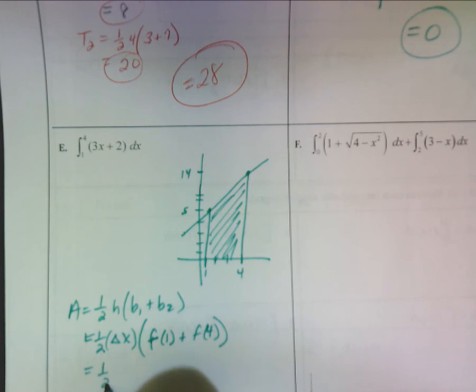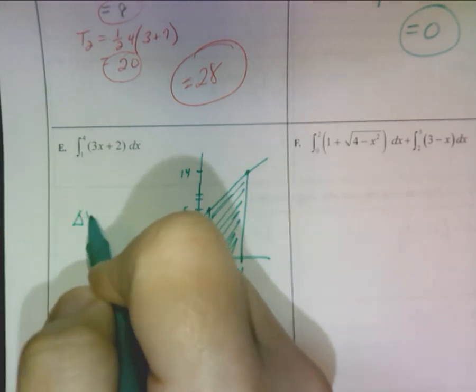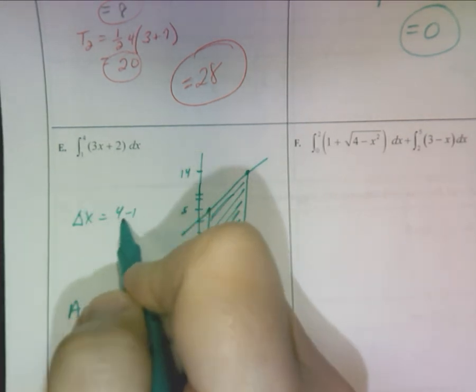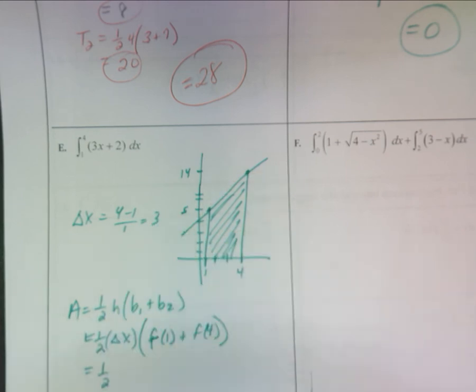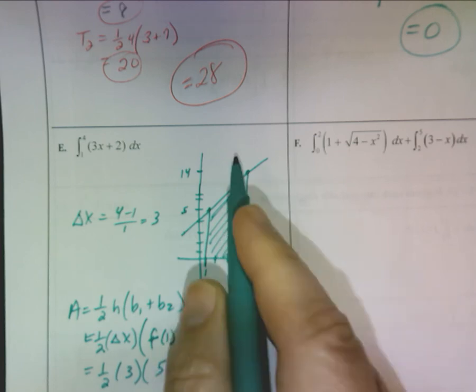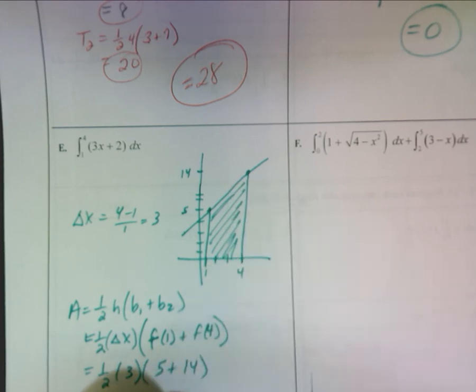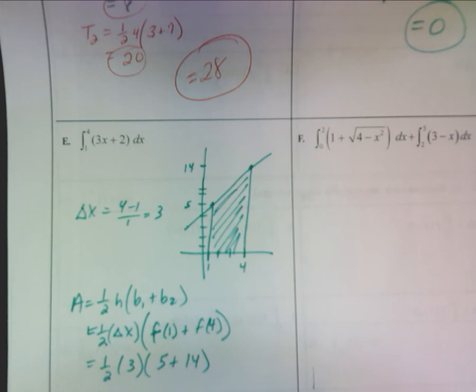So 1/2 delta x is b minus a. And so I would get 3 over 2 times f of 1 was 5 plus f of 4 was 14. So, boy, 57 over 2.